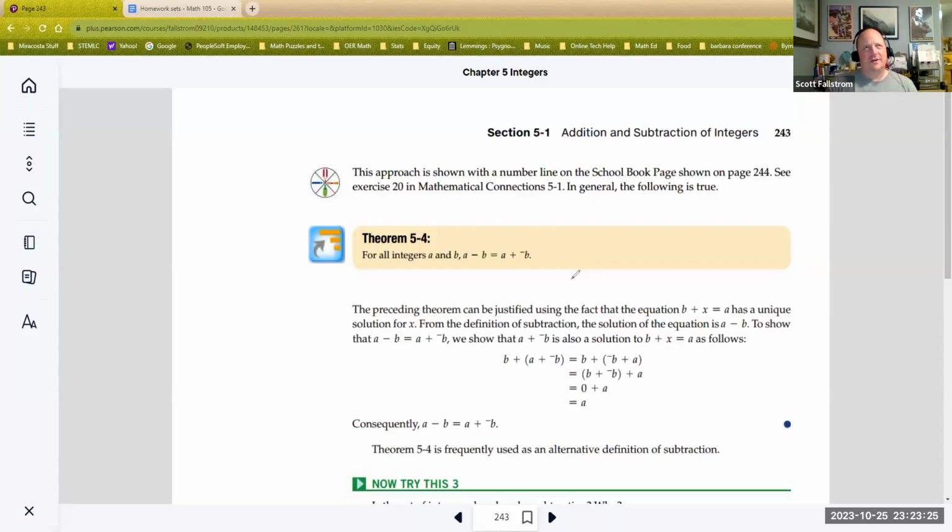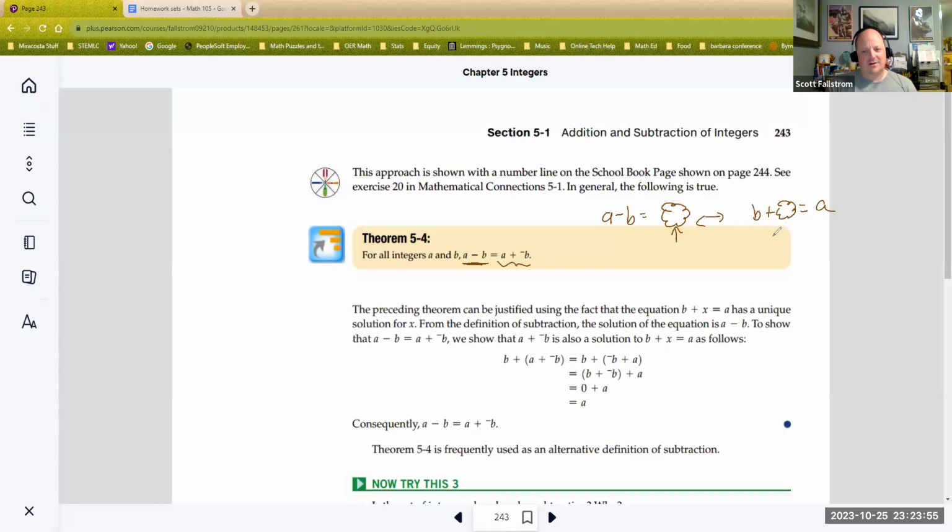We're going to illustrate this with the chips when we come back next week. But in order to show what this is, we know that a minus b is equal to some number c if and only if b plus c equals a. So it says, we believe that a minus b is actually equal to a plus the opposite of b.